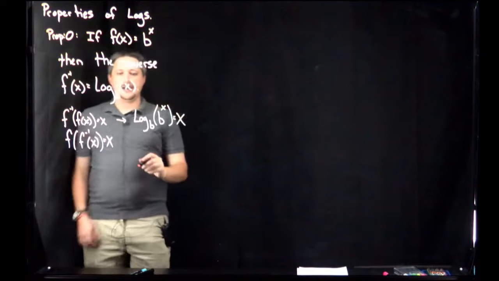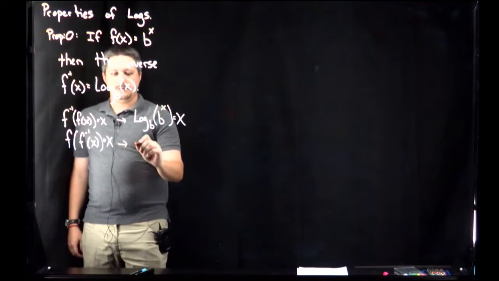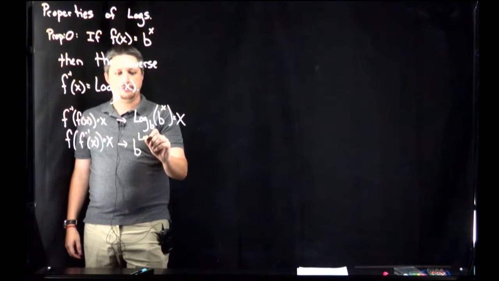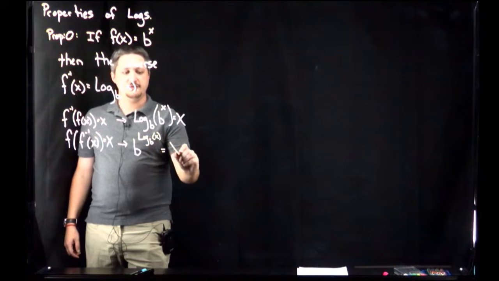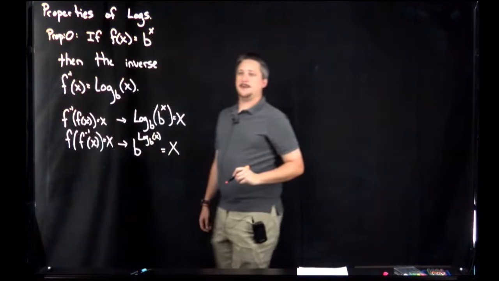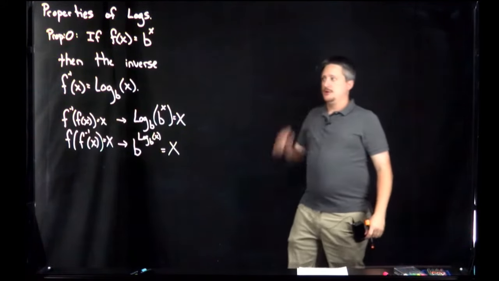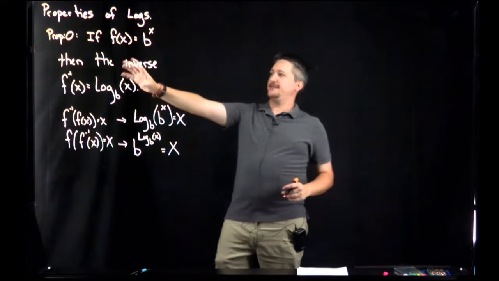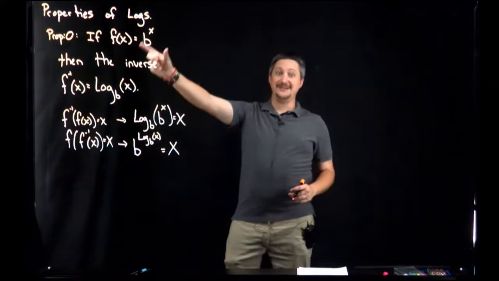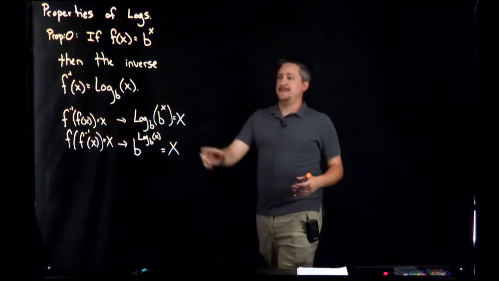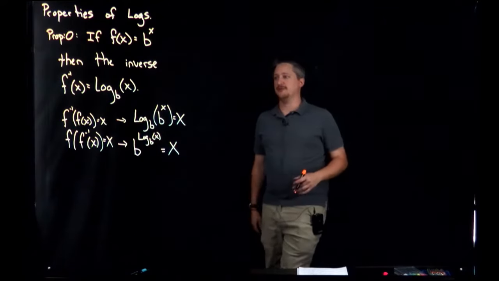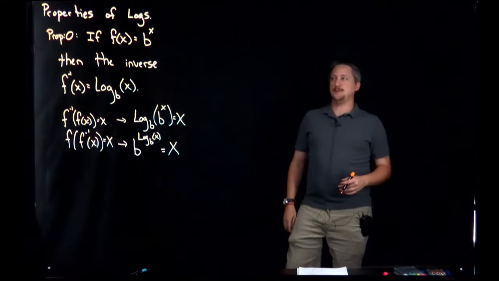And likewise, if I have b to the log base b of x, this is also just x. Okay? So my property 0, as it were, is just recalling exactly what the definition of the log is, which is these two, which are super useful and going to be very important for the next parts that we do.